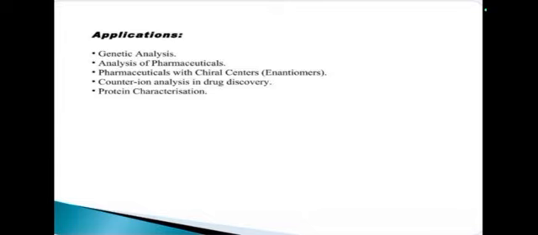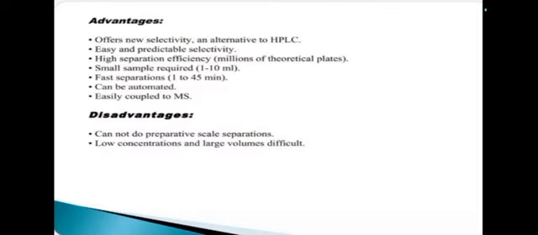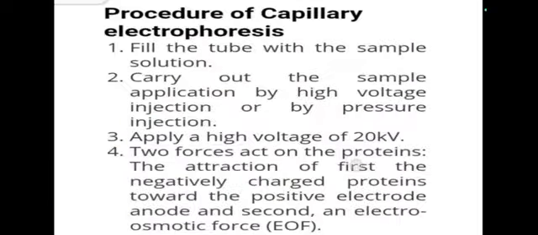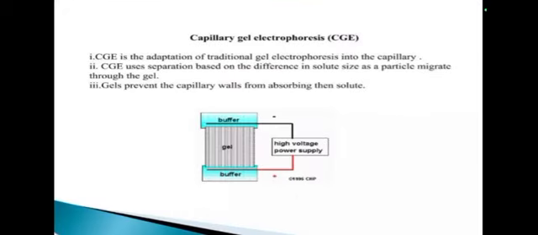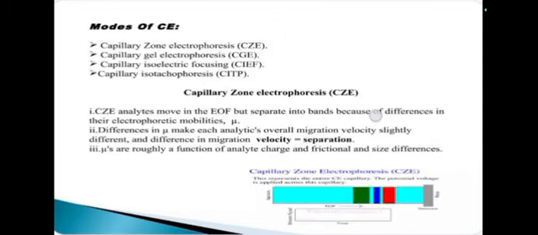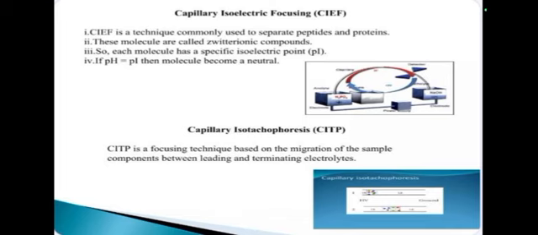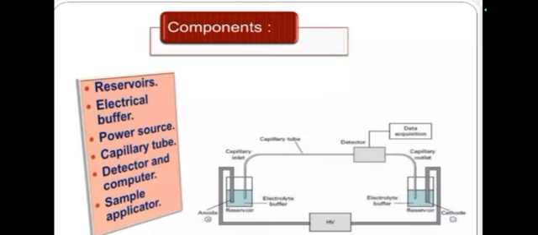Today we discussed capillary electrophoresis. First we saw the introduction, principle, and modes of capillary electrophoresis. There are four modes: capillary zone electrophoresis, capillary gel electrophoresis, capillary isoelectric focusing, and capillary isotachophoresis. Next we saw the components of capillary electrophoresis.